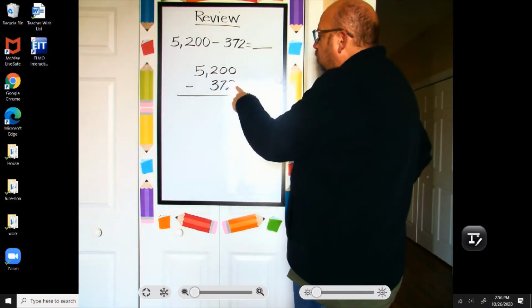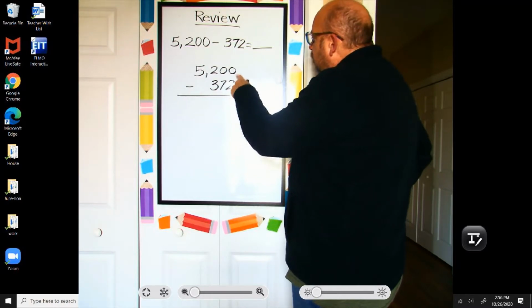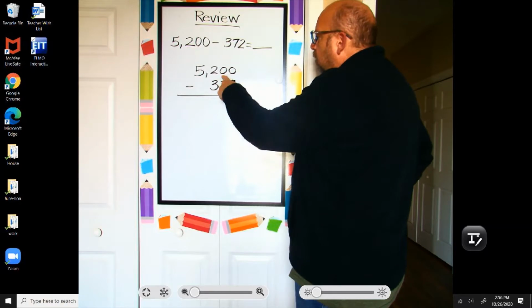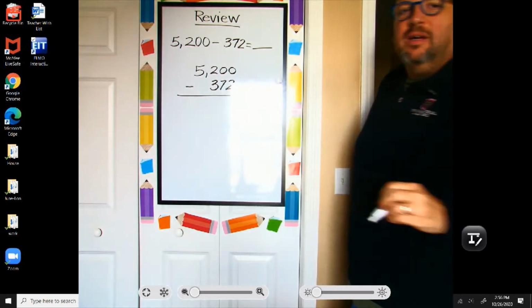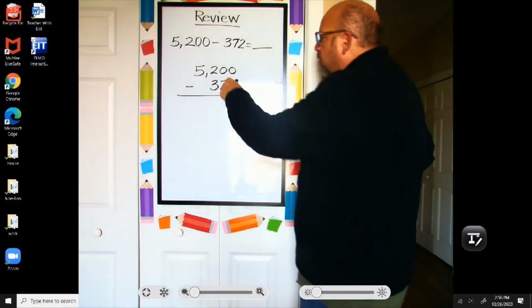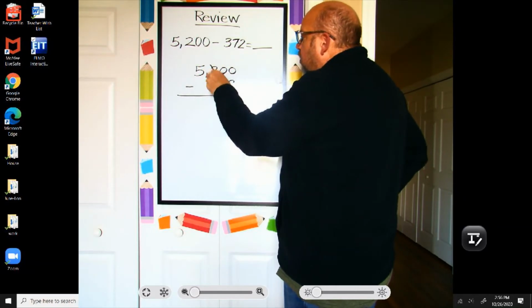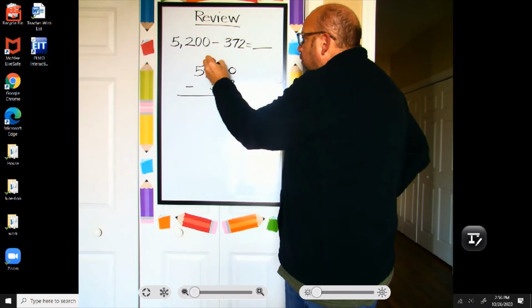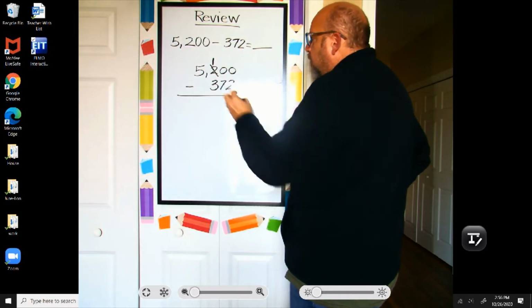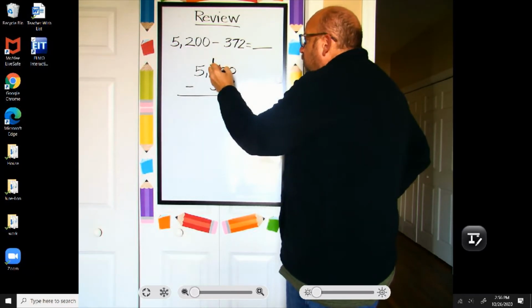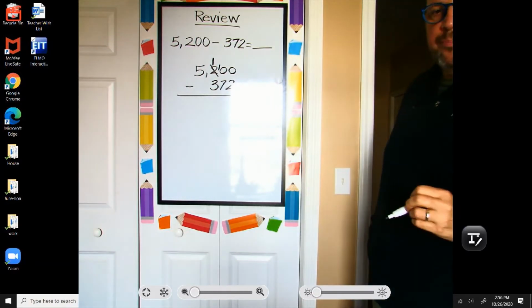0 minus 2. We can't take 2 away from 0. So more on the floor, go next door. But next door is a 0. So we have to go next door again. We're taking one of our two hundreds, leaving 100, and bringing that back here, which is then 10 tens.